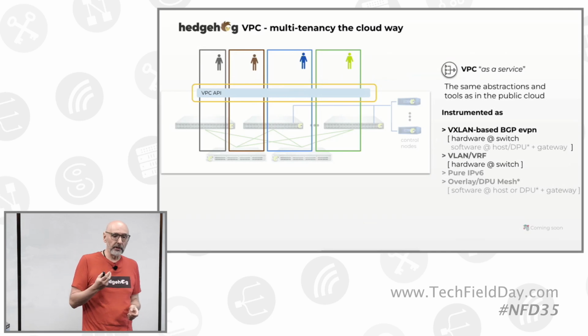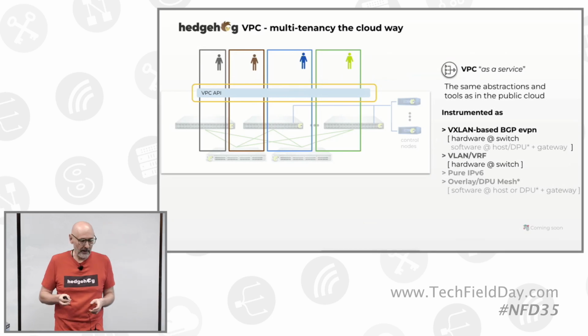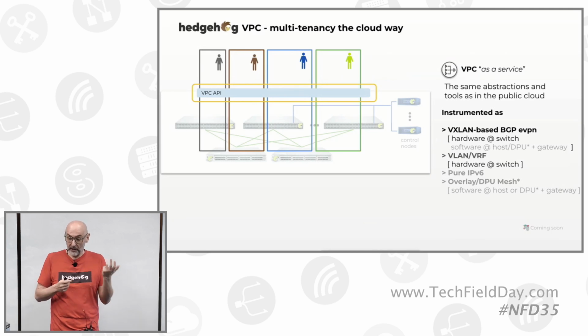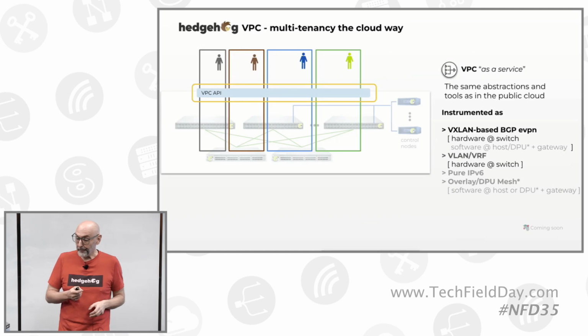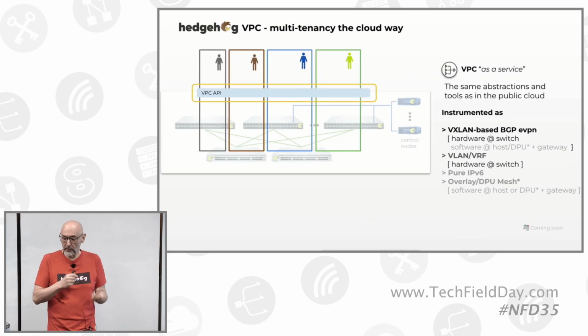It can be instrumented in several ways depending on the type of hardware and the type of preference you have on how it needs to work. So it can be done as VXLAN-based BGP VPNs, with or without assistance of the switch hardware.